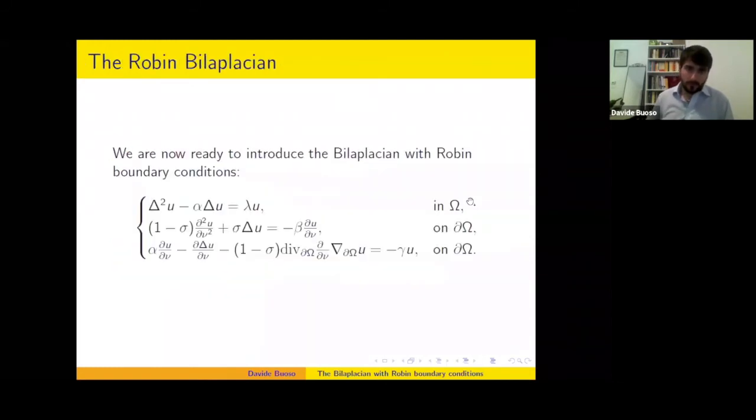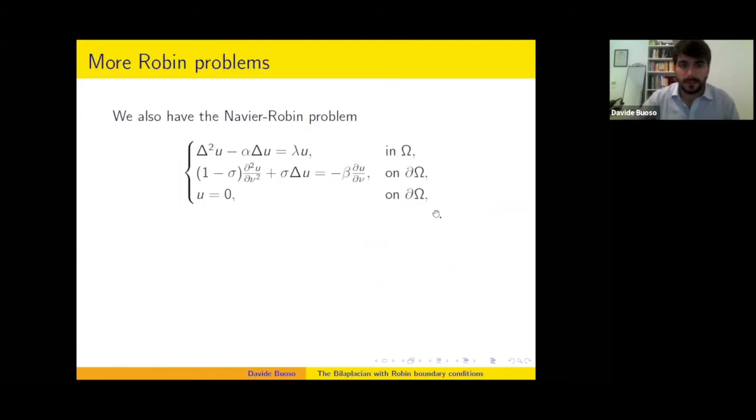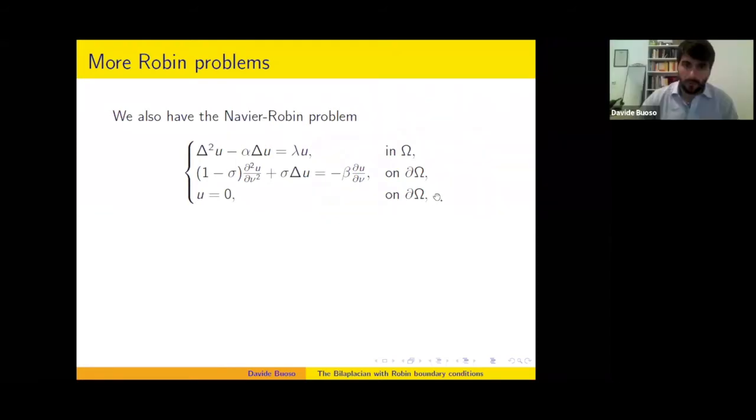Now, for those of you who have quite some experience with the Bilaplacian, you will know that you have the possibility of fixing two traces, of fixing no traces, and also fixing just one trace. So what happens if instead of taking H2, you take H2 intersection H1_0, meaning that you just fix u, the solution, to be 0 at the boundary? Well, in this case, you end up with this intermediate Robin problem that we call Navier-Robin.